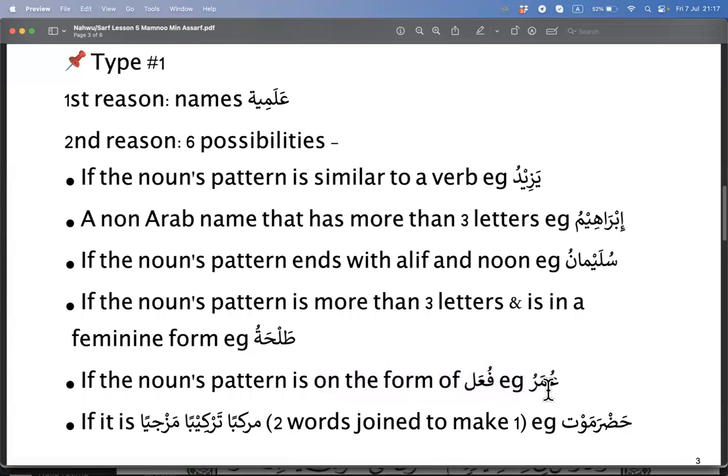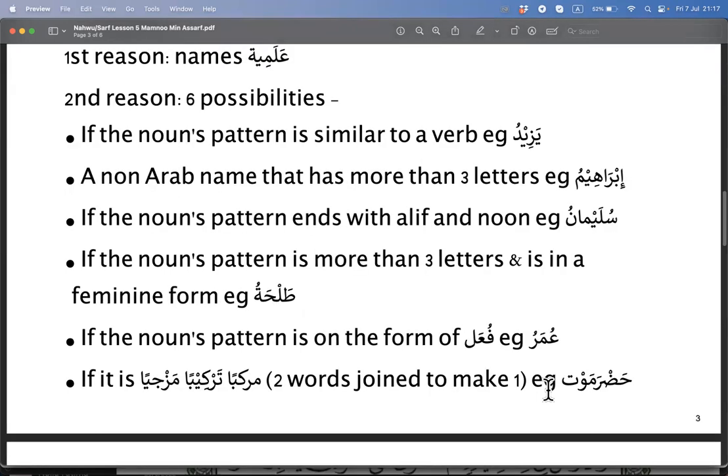And lastly, if the name is made up from 2 words together. For example, this is the name of a place in Yemen, Hadramaut. This is from Hadar and Maut. Maut is death. Hadar is to be present.